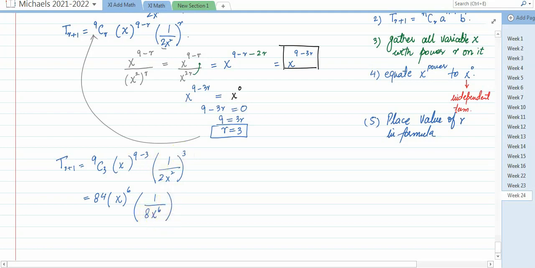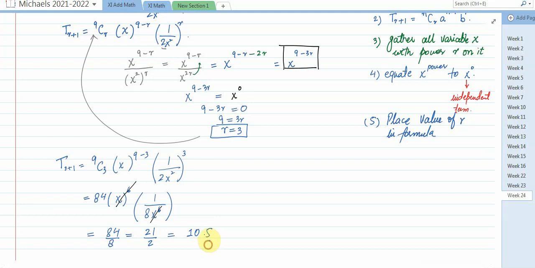Now you can observe that x power 6 and x power 6 cancel. That is why we are dealing with a constant term. And the leftover part is 84 divided by 8. If you divide both numbers by 4, you will get 21 divided by 2, which is equal to 10.5.